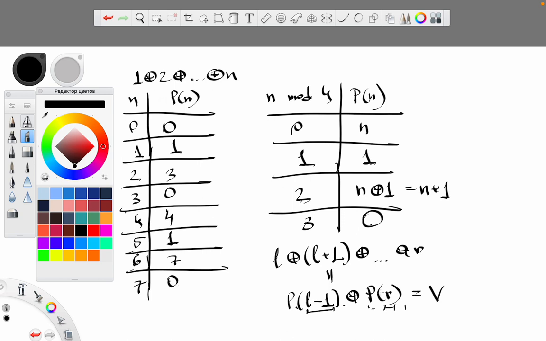And also, if v is 0, we will calculate pairs when they're equal, but it's easy, every such pair is okay for us, and it's easy to calculate this number. It's just R minus L plus 1. But what to do next?